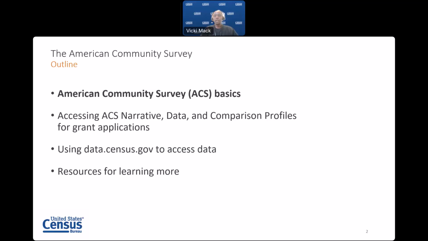They include narrative profiles, data profiles, which provide the most requested data, and the comparison profiles, which show comparisons of ACS data across time periods and whether the differences are statistically significant.